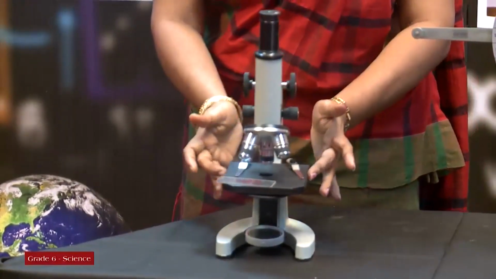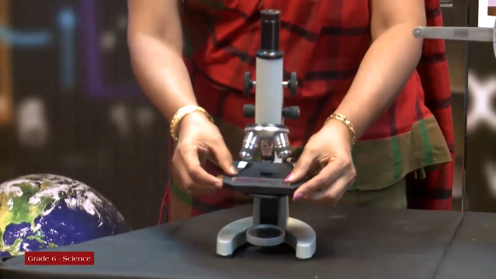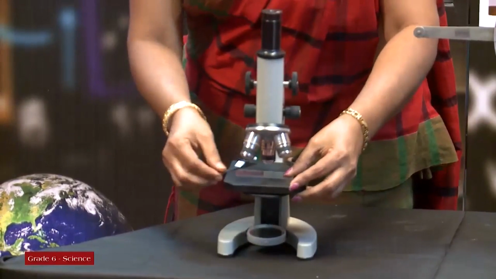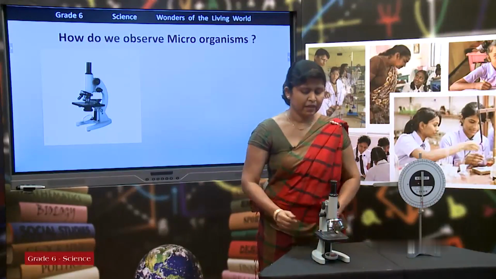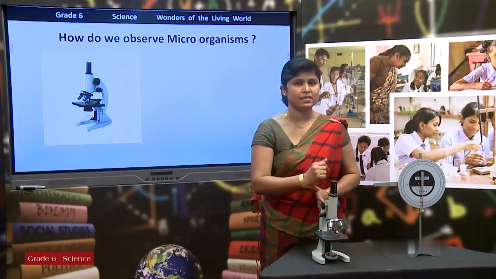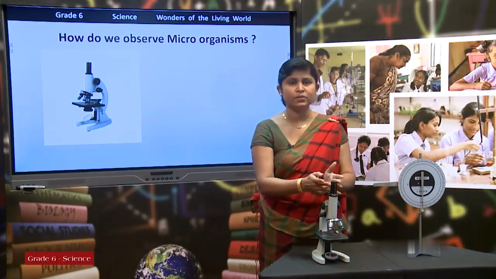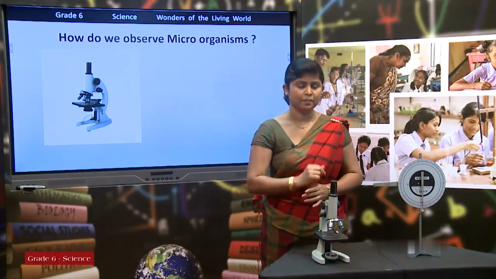We call this part the stage of the microscope. Then we can observe the specimen using this lens. The lens closer to our eye is known as the eyepiece. This is the eyepiece, right?